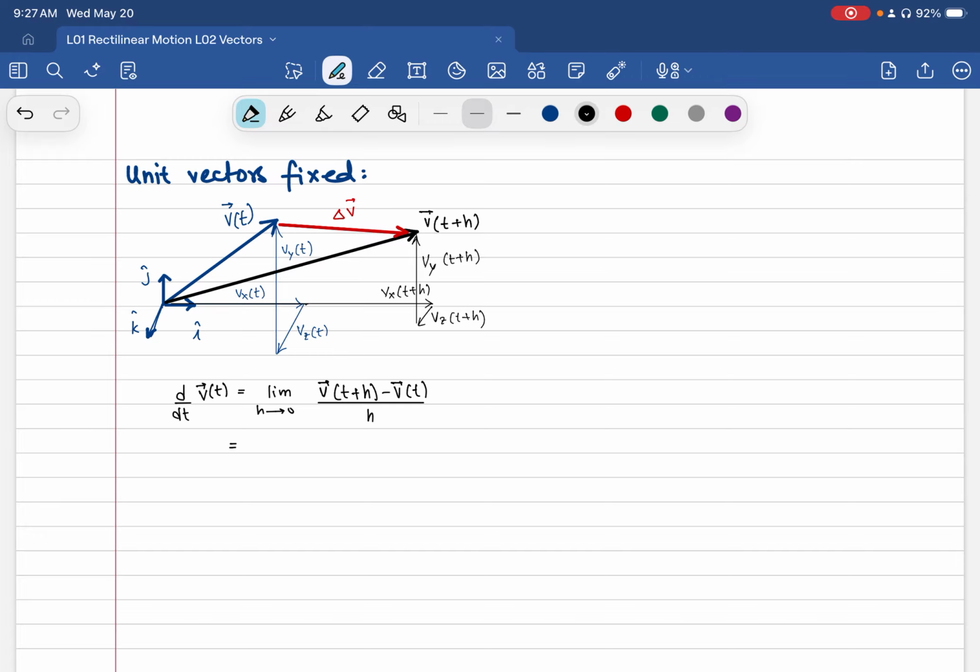And we have already broken down these vectors into its components. So I can then write this as limit h tending to 0. V of t plus h is vx, I'm going to do it as x first.